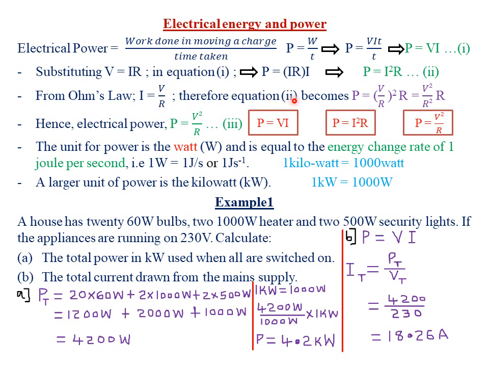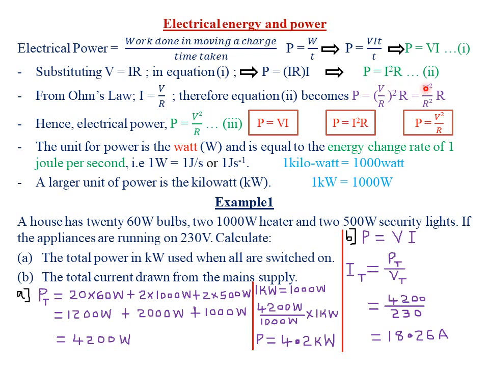So equation 2 becomes, I'm simply substituting the value of current with V over R in my second equation. Remember, the second equation is power equals I squared R. So where I have I, I substitute with V over R, and because it was I squared, this will become V over R squared, then multiplied by R. V over R squared simply means we square each term, on the numerator and the denominator.